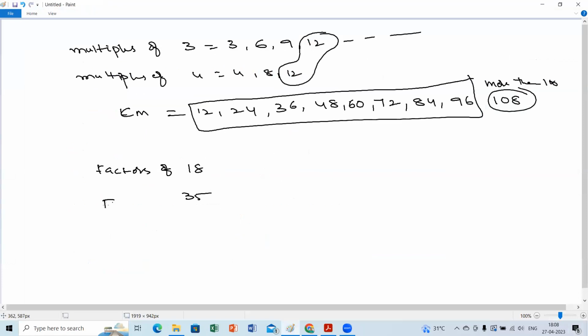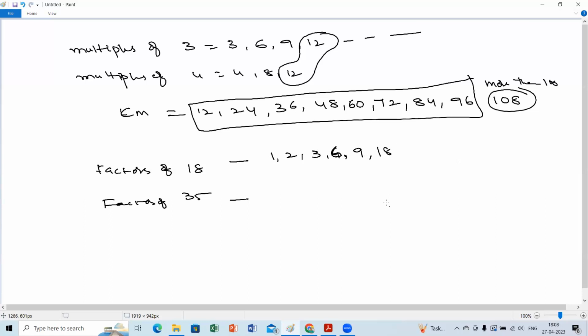Very good. Write down, children, all factors of 18: 1, 2, 3, 6, 9, 18. Now coming to 35.